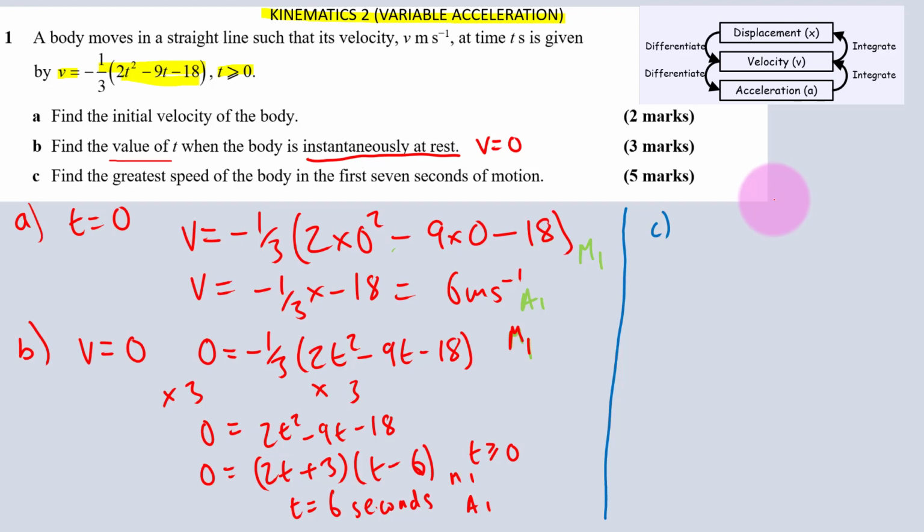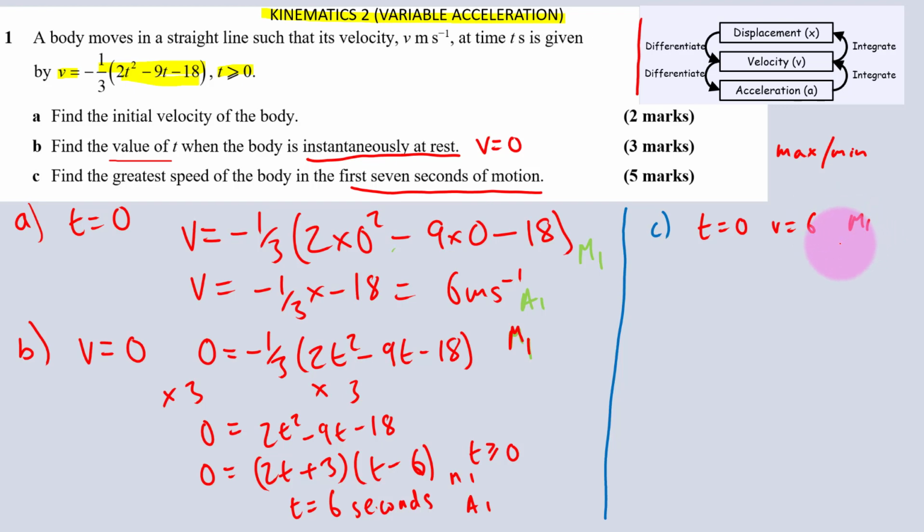C. Now find the greatest speed of the body in the first 7 seconds of motion. The greatest speed. So you need to remember, how can we find max or minimum values using these skills here? Right, well, if you just state t equals 0, v equals 6, that actually gets you a method mark.